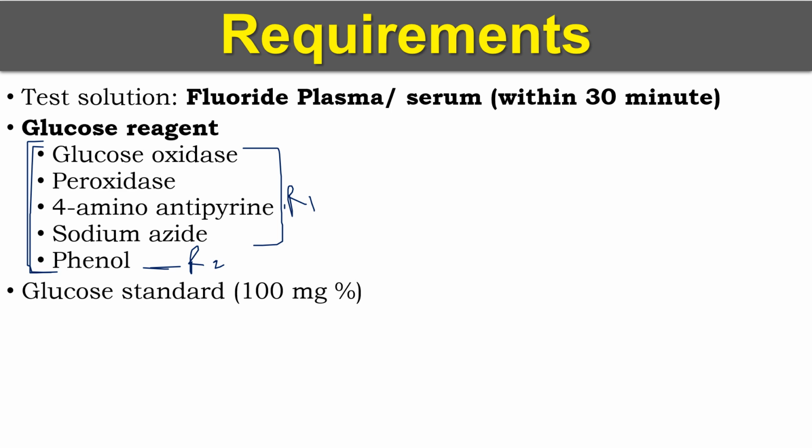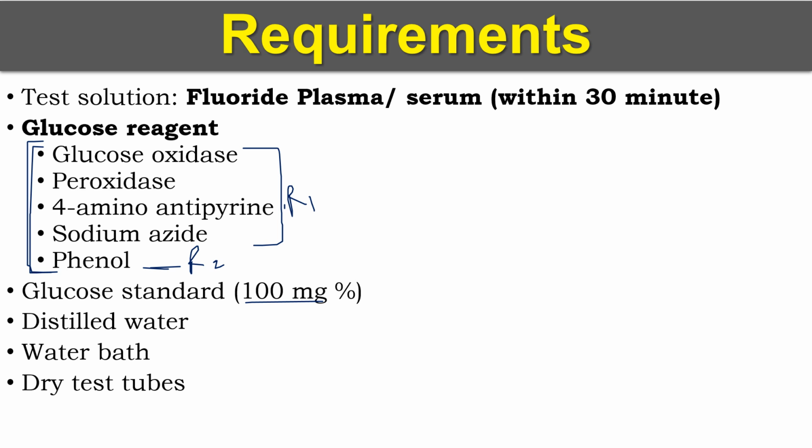Next, we require glucose standards for comparison. We are going to use 100 mg per dl. We require distilled water, a water bath for maintaining a temperature of 37 degrees centigrade, and dry test tubes and pipettes. If you are going to prepare the reagent by yourself, then reagents 1 and 2 are stable at refrigerator temperature, that is 2 to 8 degrees centigrade, for 6 months.